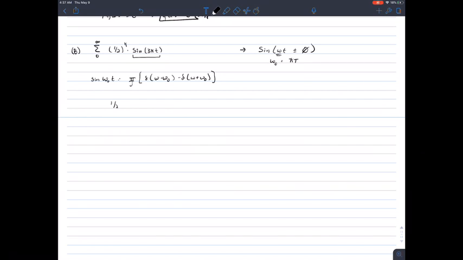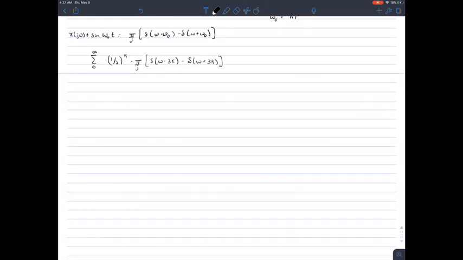So 1/2 to the k times pi over j, delta of omega minus 3k, minus delta of omega plus 3k. Okay. So now all we need to do is do the summation of this.